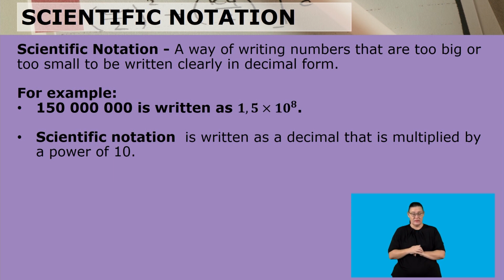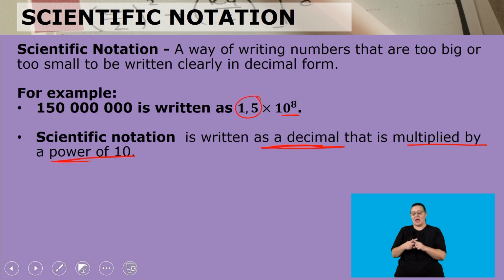Now, for example, we have 150 million. That is written as 1,5 multiplied by 10 exponent 8. So scientific notation is written as a decimal that is multiplied by a power of 10. As we can see in our example, we have a decimal there and it is multiplied by a power of 10.